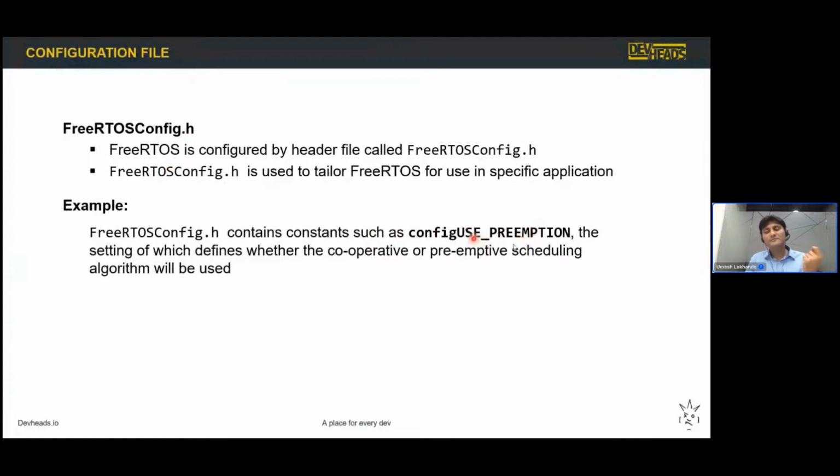If I enable this macro, so if I write the value 1 into this macro, then the preemptive scheduler will be enabled. And if I make the value of this macro 0, then automatically the cooperative scheduler will get selected, right? So that's how you customize it. I'm going to show you in a moment, but I hope this makes it clear.